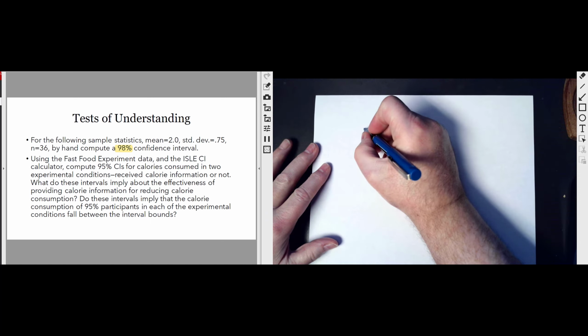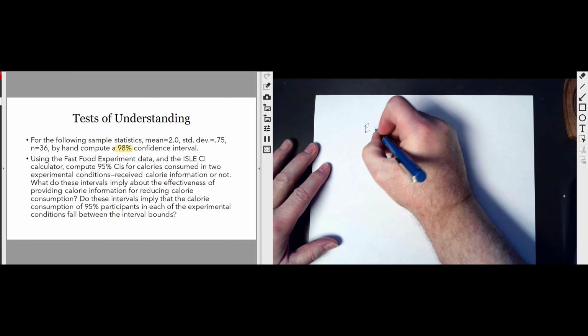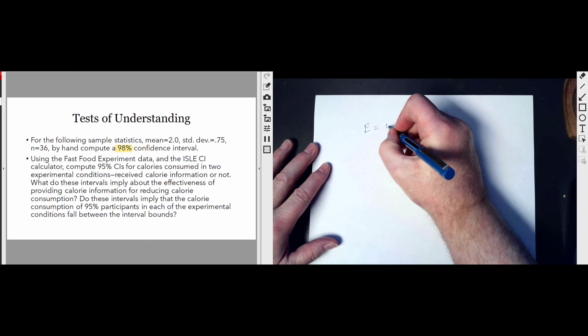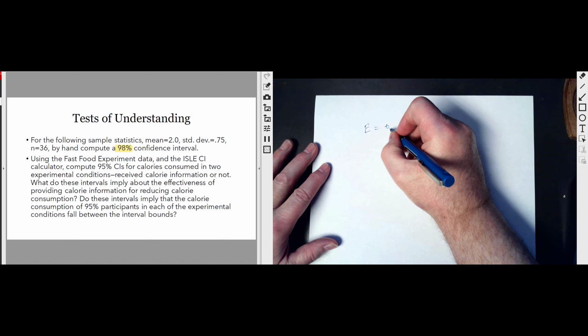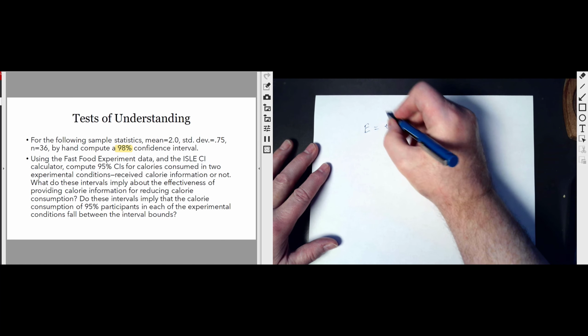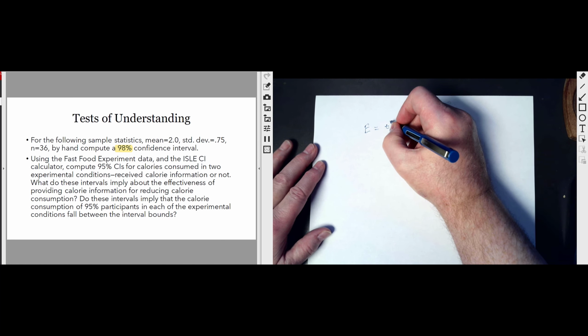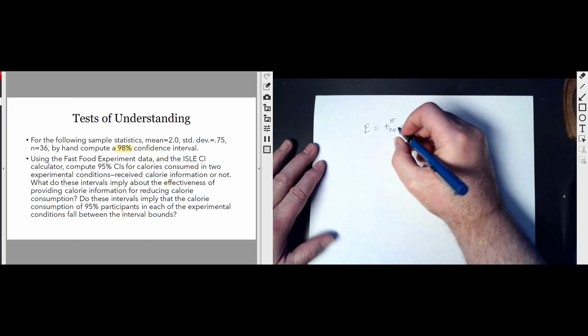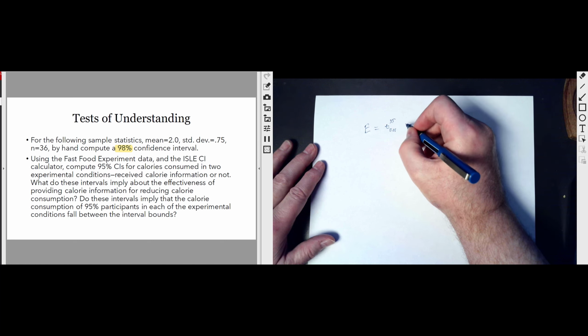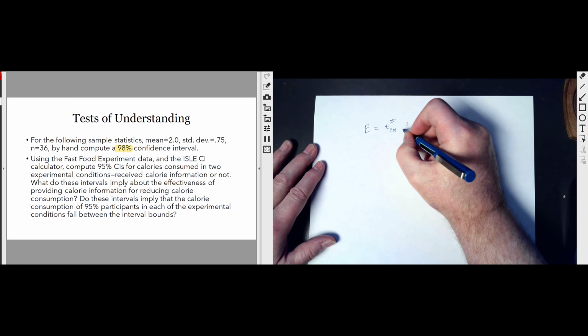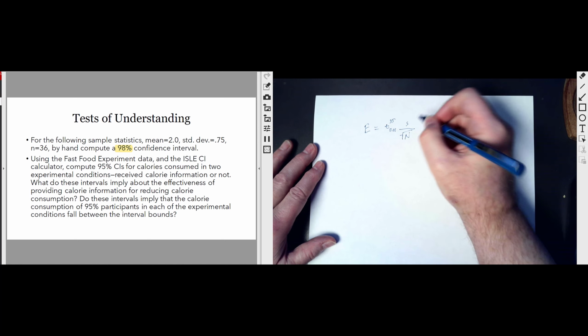So we're going to have our error bound be the t-distribution, alpha over 2, so that's going to be 0.01 with 35 degrees of freedom, times the sample standard deviation over the square root of the sample size.